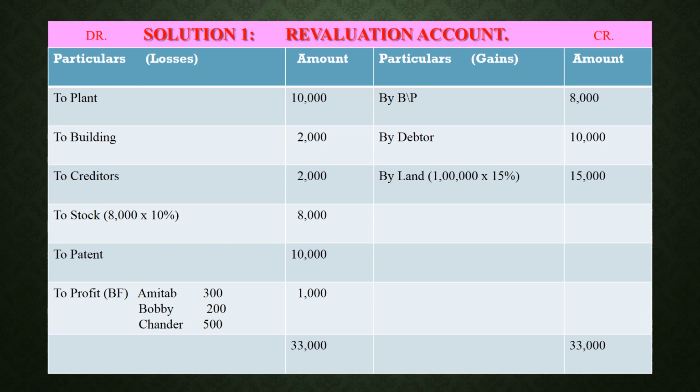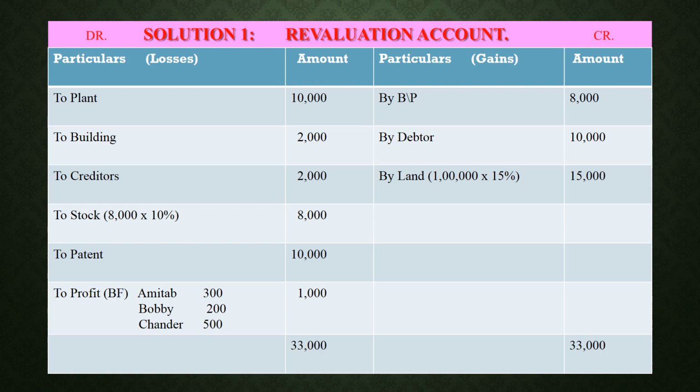Next adjustment is patents valueless. Patents valueless means complete loss. This will appear on the debit side of revaluation account. In adjustment, there is no value given. We have to search the value in balance sheet, which is given 10,000. So entire 10,000 will become the loss for the business.